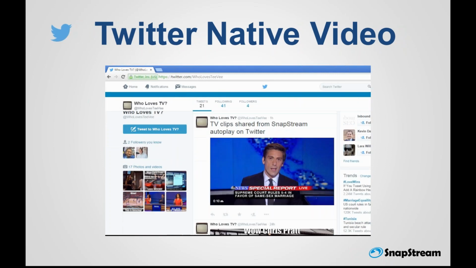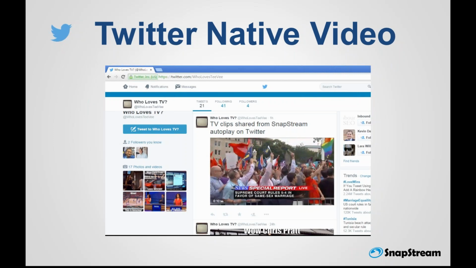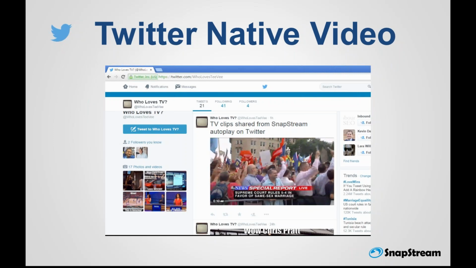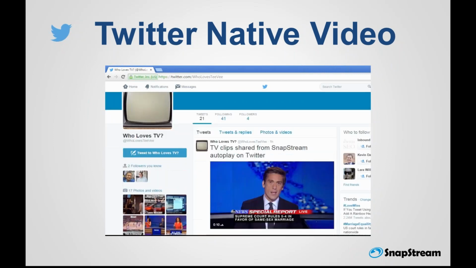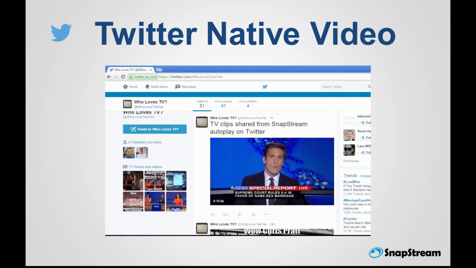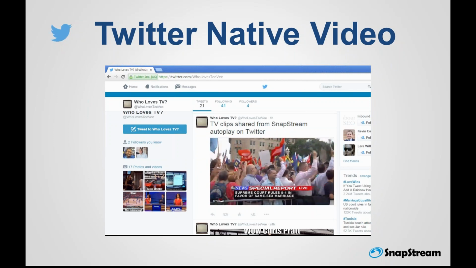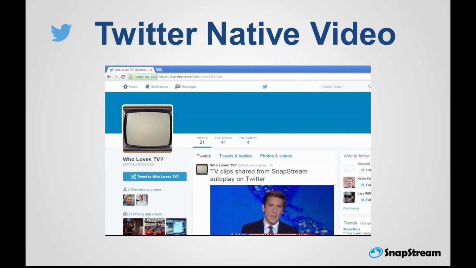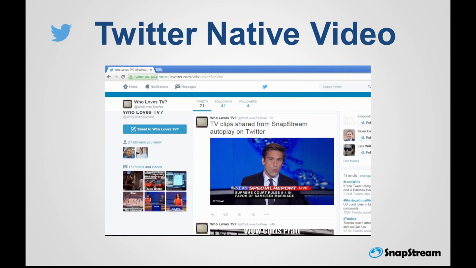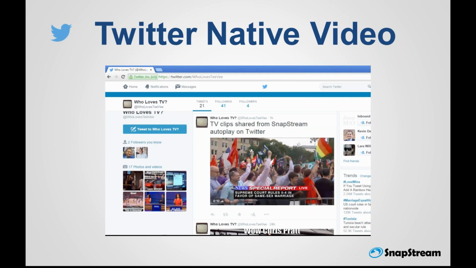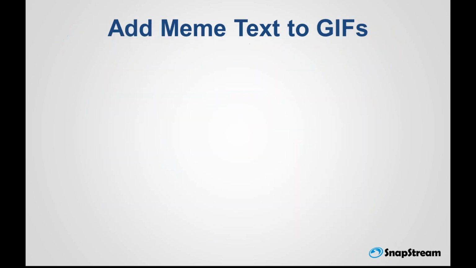It lives on Twitter. So this will improve your engagement levels. Twitter started rolling out native videos a few weeks ago, and I think right now there is a limit on how long the video could be, but it's still early days, and I'm pretty sure Twitter would be increasing those limits and making video even more accessible on their platform. And with SnapStream, now you have access to native videos.